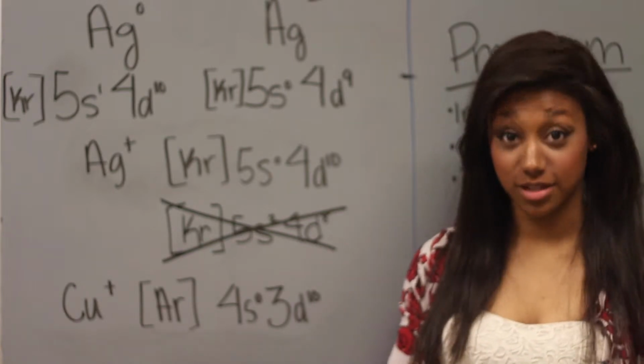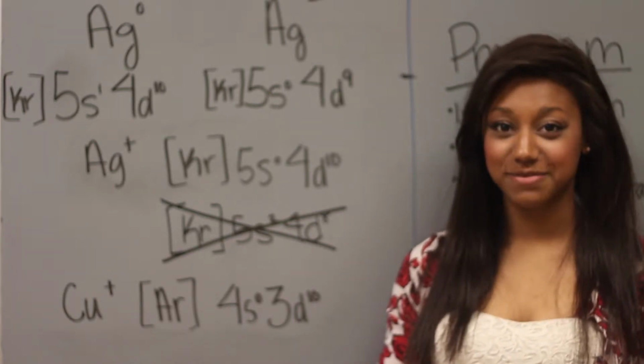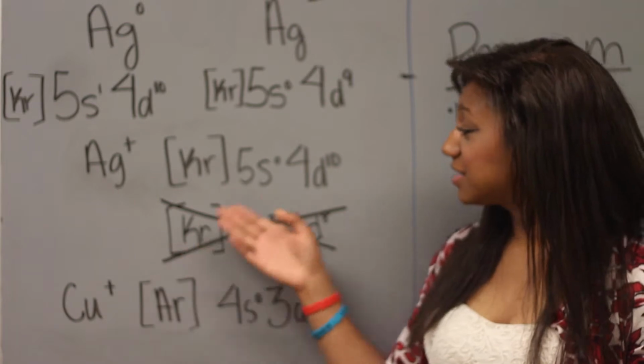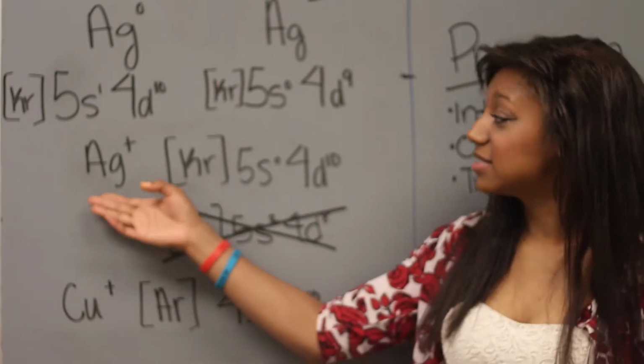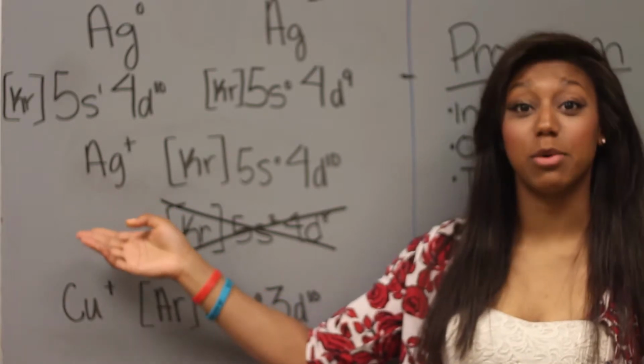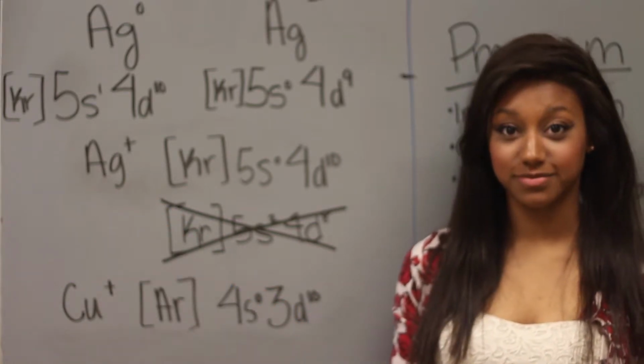Other transition metals, like copper, also do this. Because of the funneling into the nearly full d orbital, this makes silver plus a very stable form of silver.